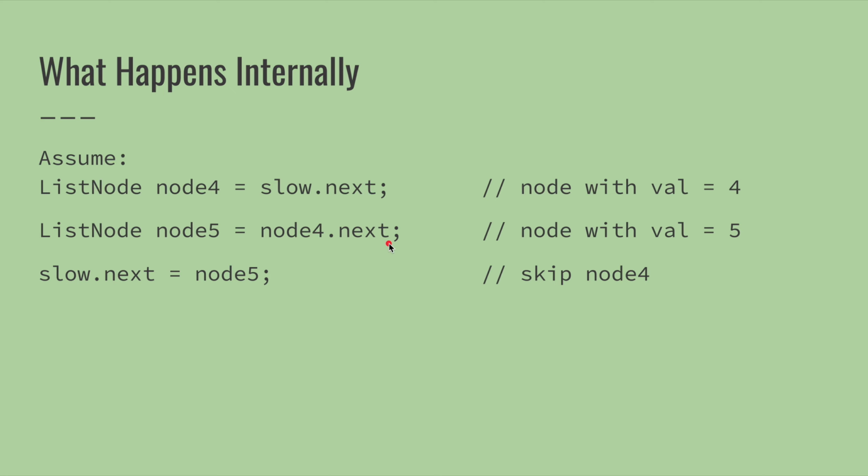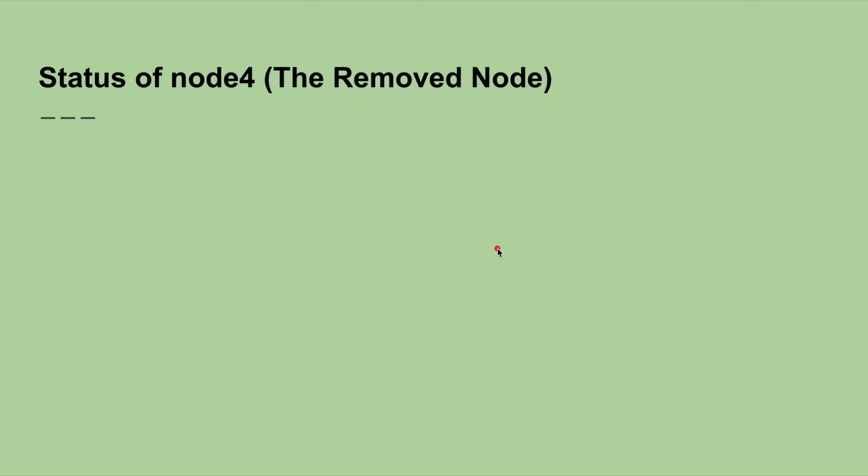It is node 4.next, which is slow.next.next. So now we just need to do slow.next equal to 5. We have to update this not to 4, it should be 5. We are skipping node 4 here. Just skip it.